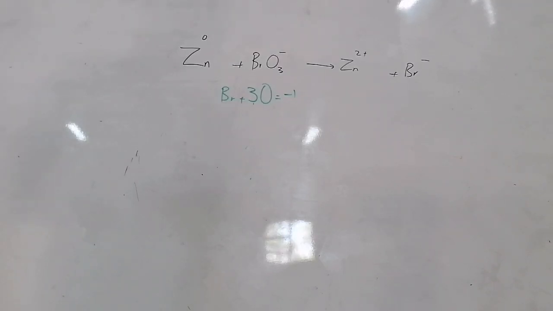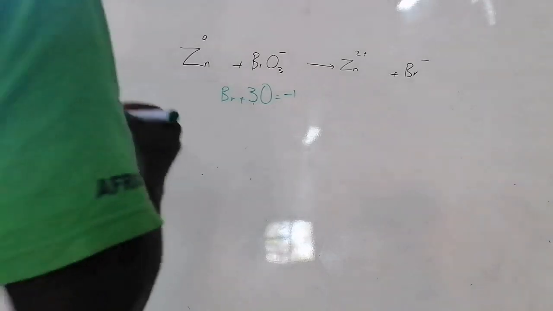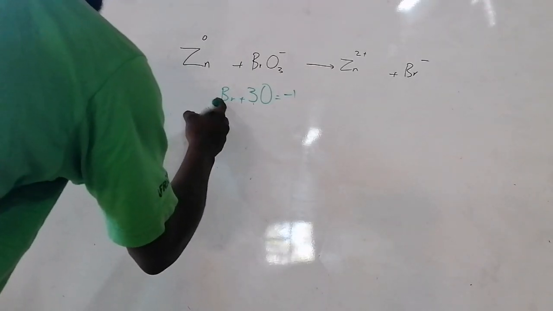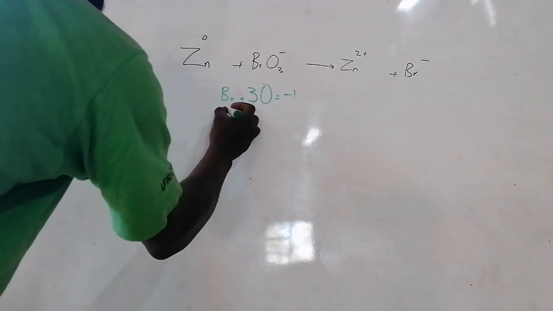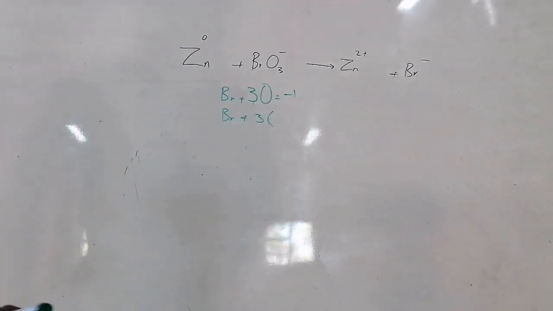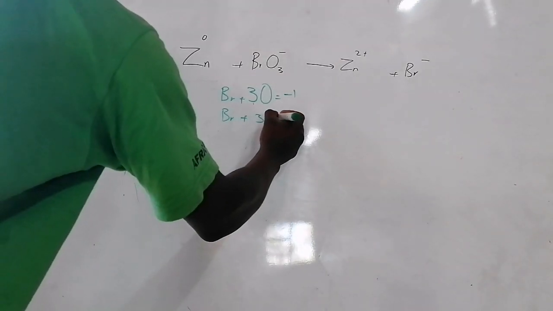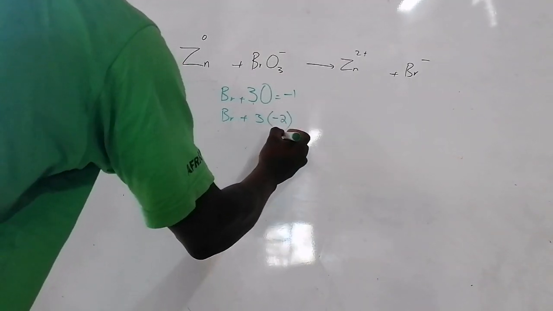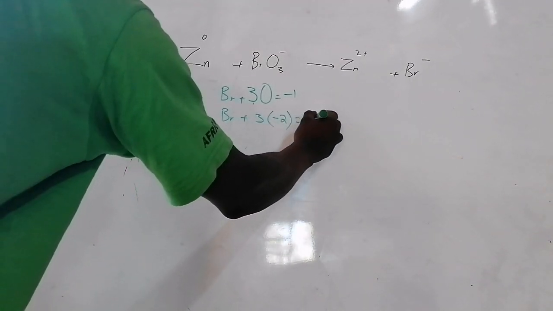Then continue the video to see if your answer is correct or incorrect. That will be training yourself. So we know that whenever oxygen is combined with other elements, it will have an oxidation number of -2, right?